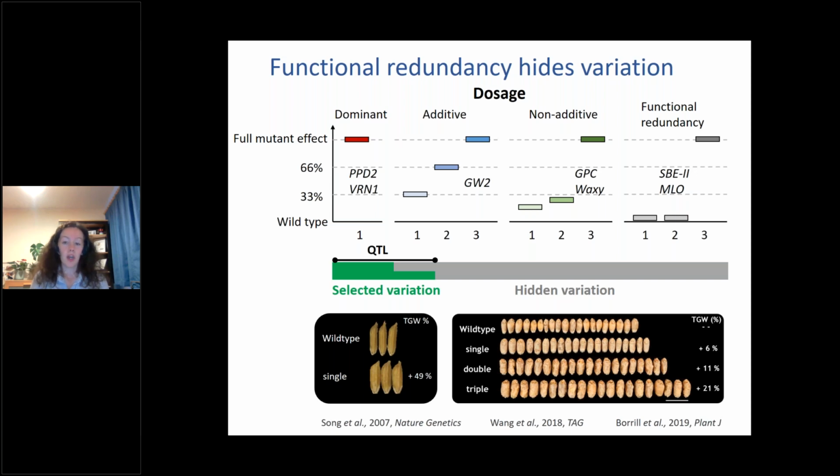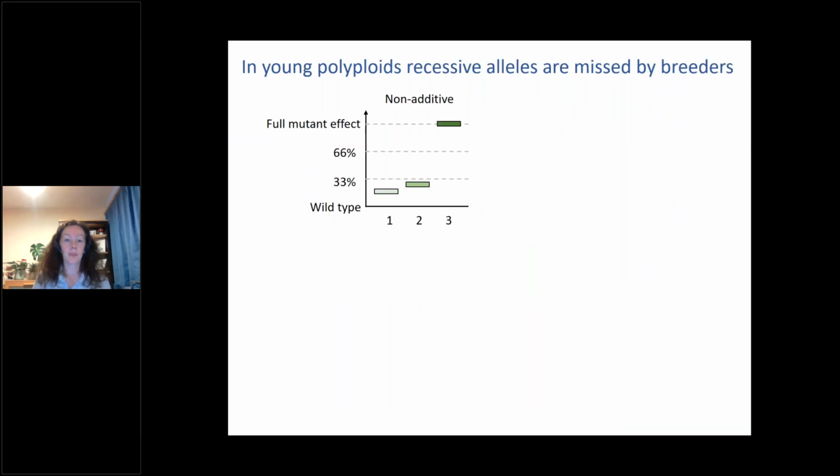And really this means that for a large proportion of the wheat genome, we don't understand what these genes are doing or how they could be beneficial for wheat breeding. So the consequence is that many genes which have these non-additive or functionally redundant functions haven't been selected so far by breeders because it hasn't been possible to detect their phenotypic effects.